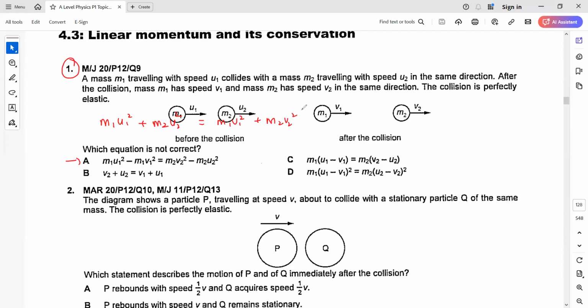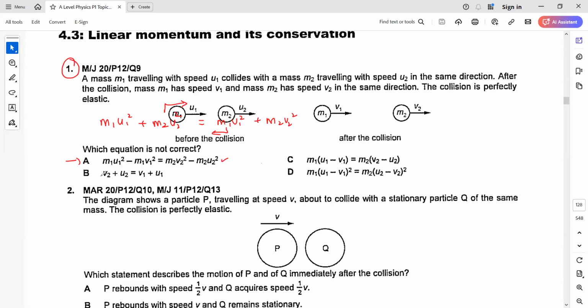How do I figure out this equation using kinetic energy? Because this represents an elastic collision, right? And I'm not writing 1 upon 2 because 1 upon 2 gets factorized and cancelled, so that doesn't mean anything here. If I just bring this guy there and this guy here, this would be m1 u1 squared minus m1 v1 squared. Well, that would be this equation, right? So this looks absolutely fine.